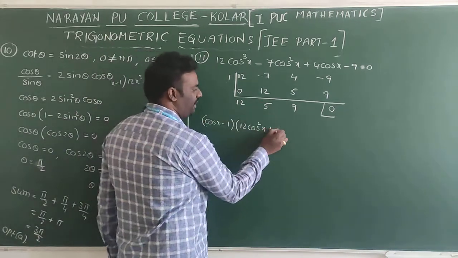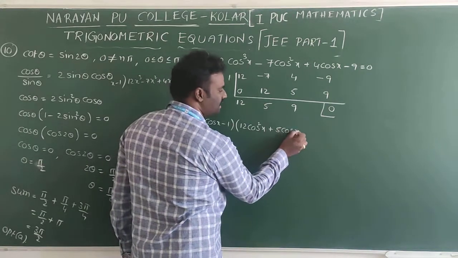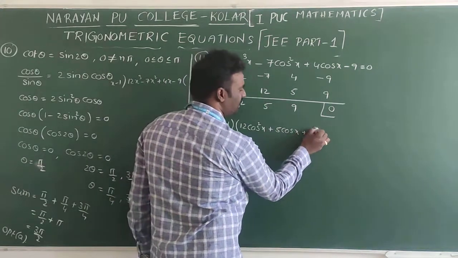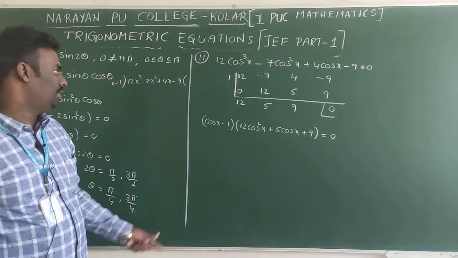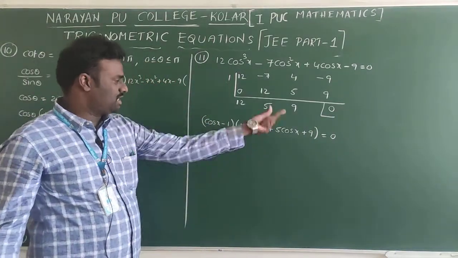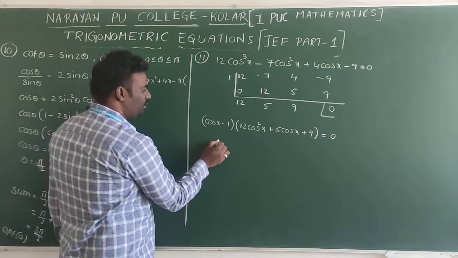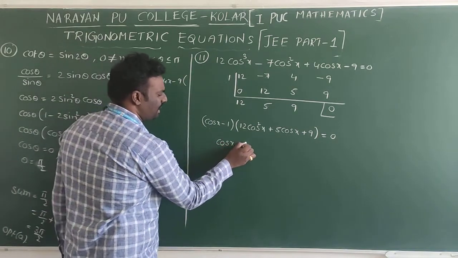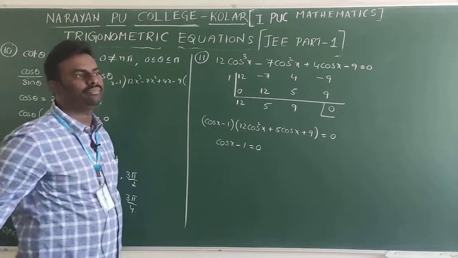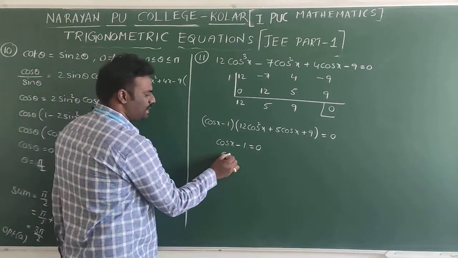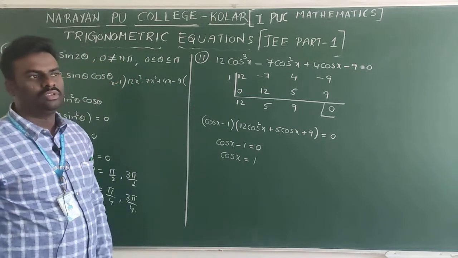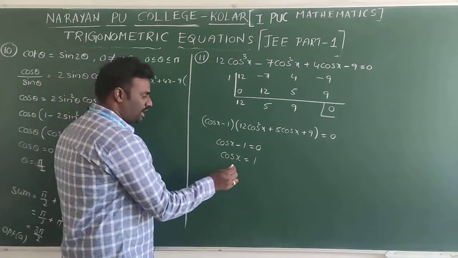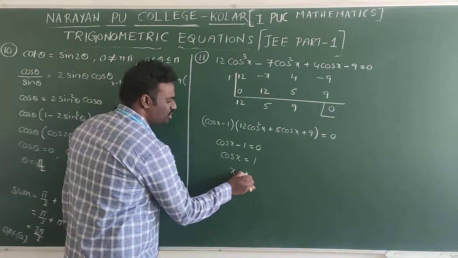Plus 5 cos x plus 9, that equals to 0. Now from this I can write, this is non-zero value, we can write cos x minus 1 equals to 0. Now if cos x minus 1 equals to 0 means cos x equals to 1. So cos x equals 1 can be written as x equals to n pi.